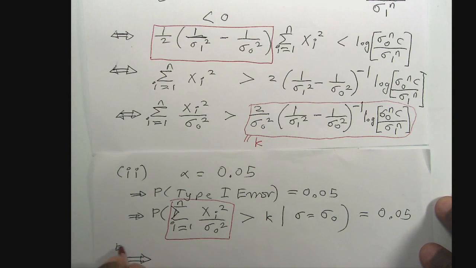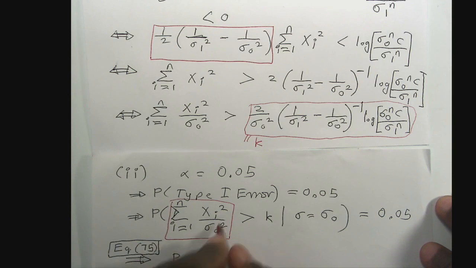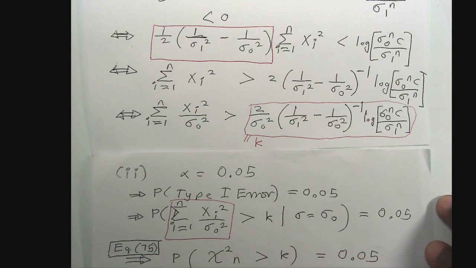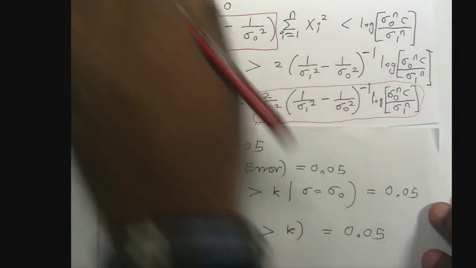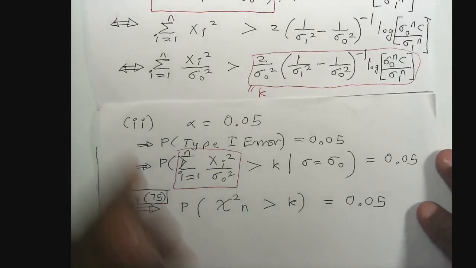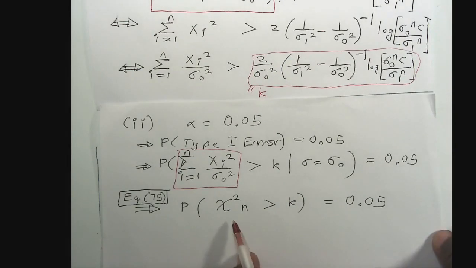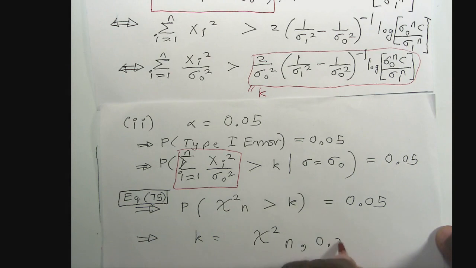If you look at equation 75 in the lecture notes, you will see that this guy has the chi-square distribution with n degrees of freedom, right? So the probability that a chi-squared variable is greater than k is 0.05. So therefore, k must be the percentile of chi-squared n with the probability of exceeding it, right?